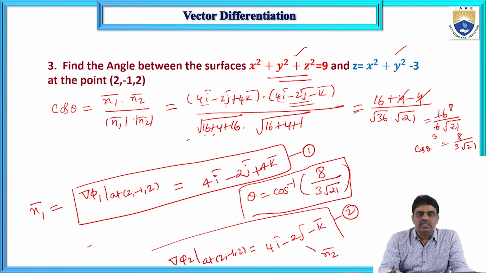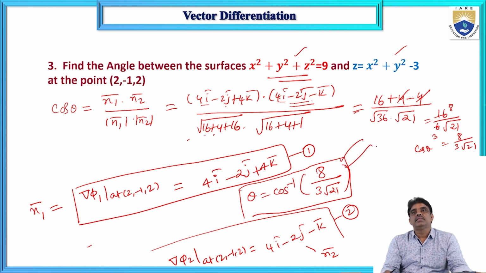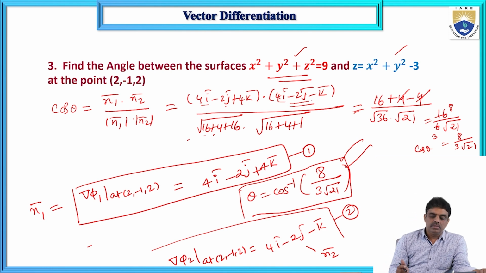So the formula for cos theta is n1 bar dot n2 bar by magnitude of n1 bar into magnitude of n2 bar. On putting in the values, you get theta is equal to cos inverse of 8 by 3 root 21. So with these three problems and the data on gradient, I conclude my video.